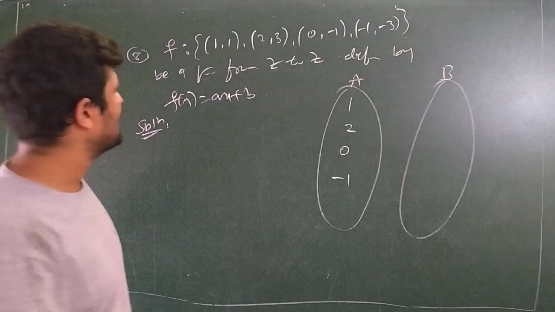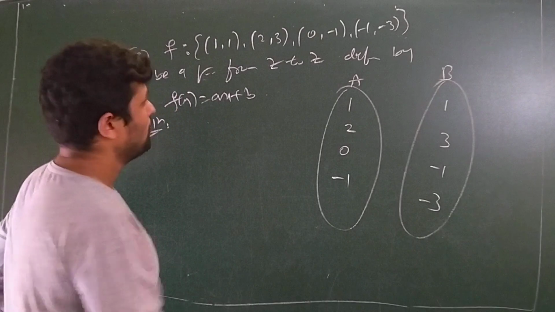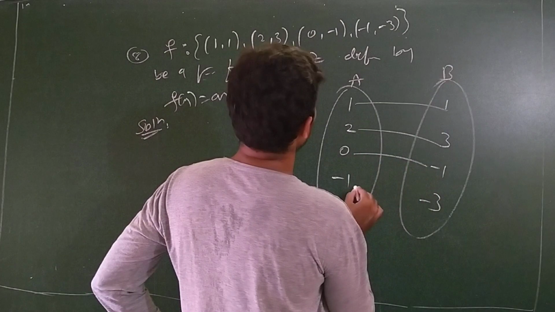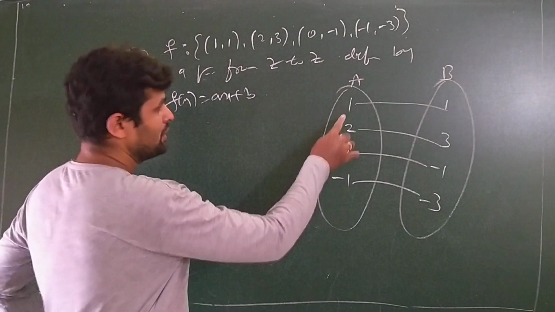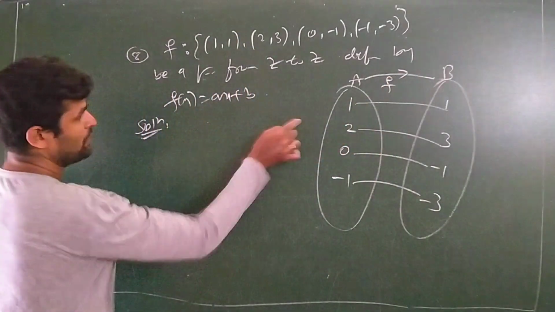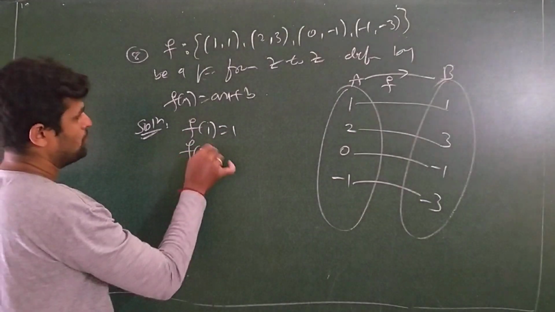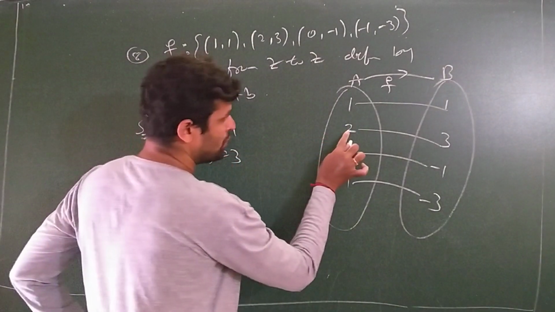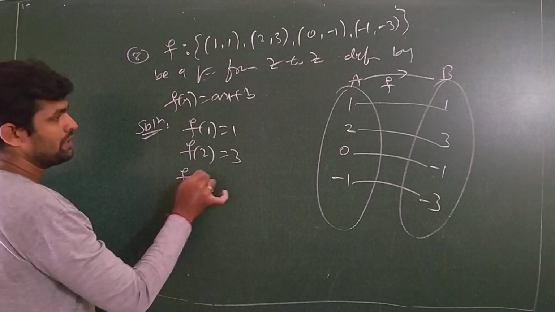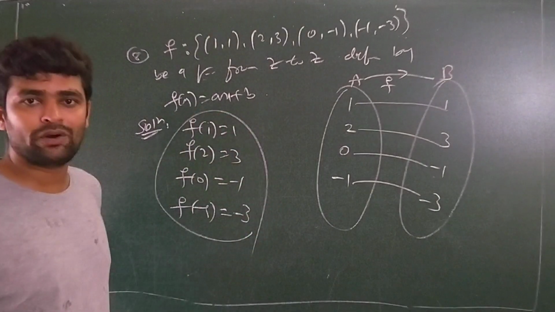Second is 1, 3, minus 1, minus 3. 1 to 1, 2 to 3, 0 to minus 1, minus 1 to minus 3. So f is a function from A to B. From this, f of 1 is equal to 1, f of 2 is equal to 3, f of 0 is minus 1, f of minus 1 is equal to minus 3. So easily you can get it by the arrow diagram.